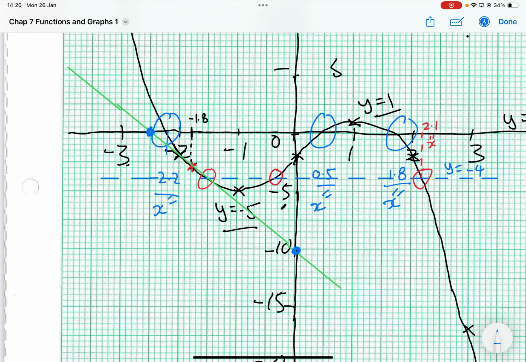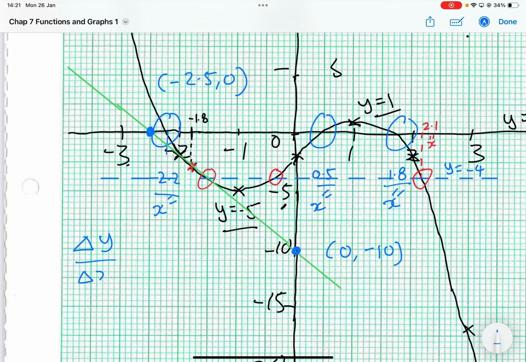The blue dot, I have (0, -10). Then the other one is (-2.5, 0). Why I say nice? Because got 0. When I have 0, my calculation of my gradient is a bit easier.